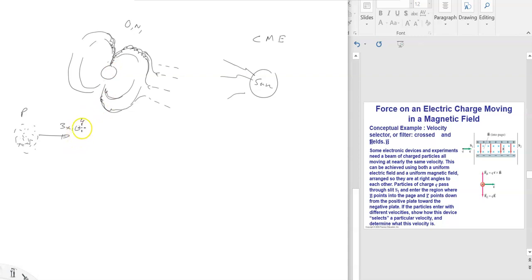Even though we say that this is the speed, this is actually an average number. It's more like a distribution of different speeds. If you plot the number of particles on this axis and the velocity on this axis, it's going to be a distribution like this, a bell-shaped curve, right?